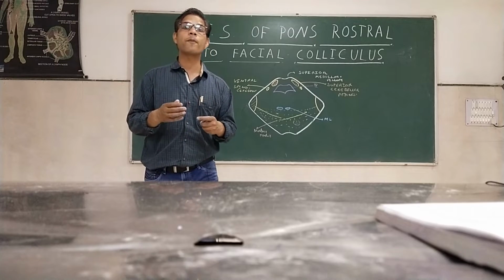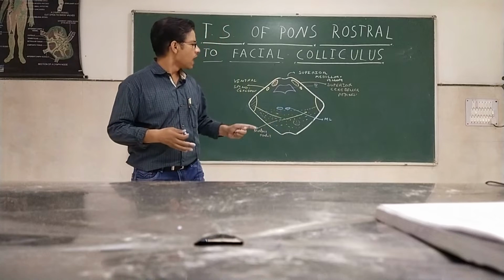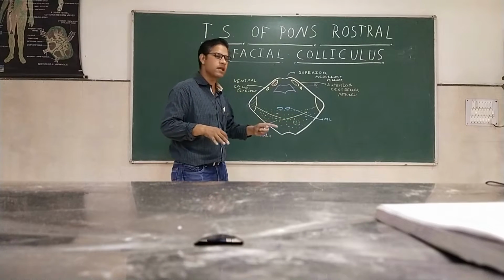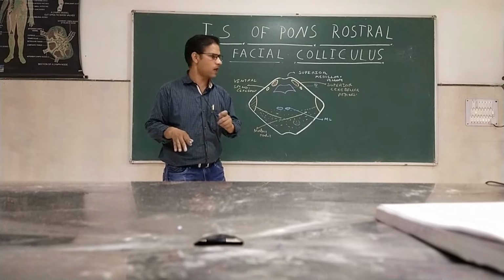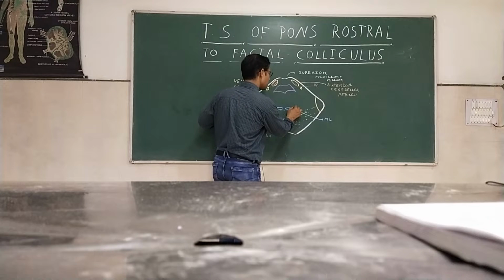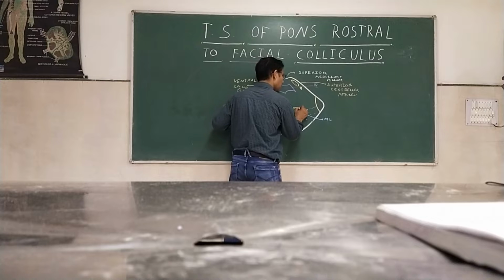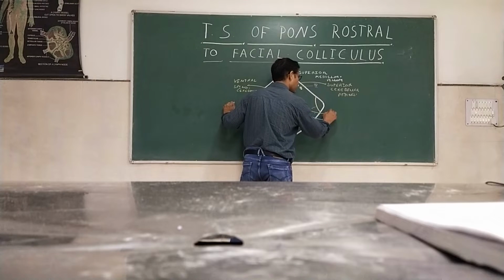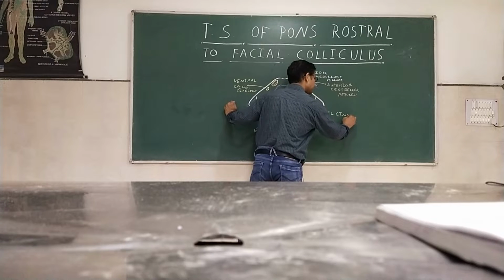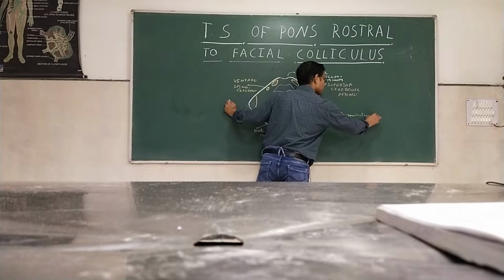It is carrying proprioception from the nucleus gracilis and nucleus cuneatus, and these fibers are now arranged horizontally. The first one is the medial lemniscus. Next to it is the trigeminal lemniscus, which I am denoting TL.